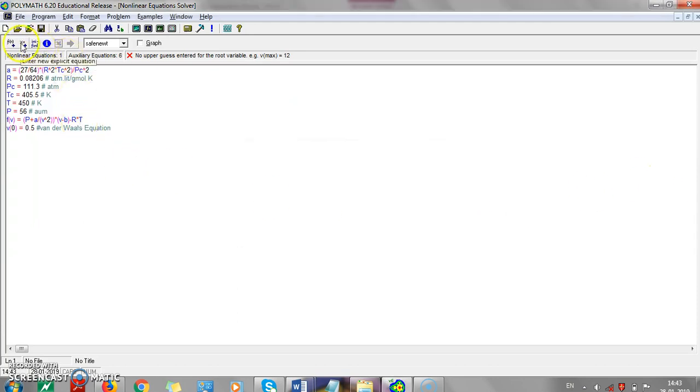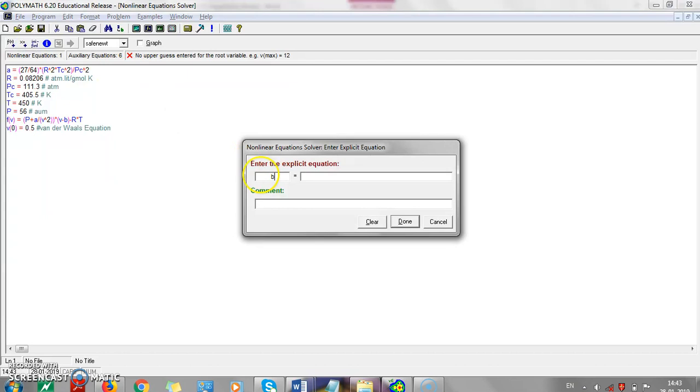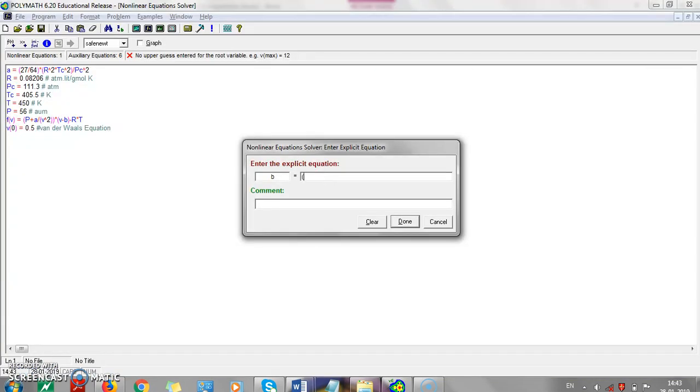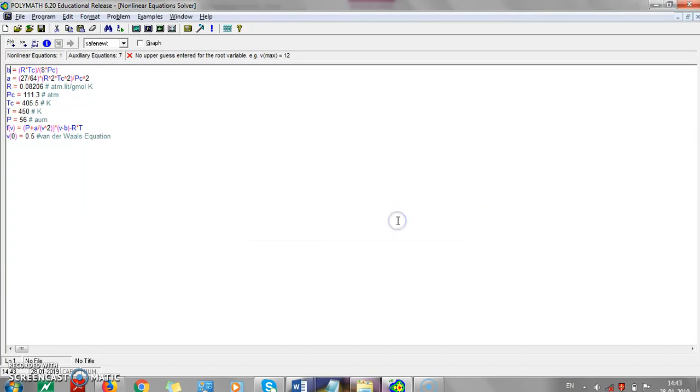Same way we can add B equals R into TC upon 8 into PC. So these are our van der Waals constants. So we have defined everything, right? There is one nonlinear equation, seven auxiliary equations.